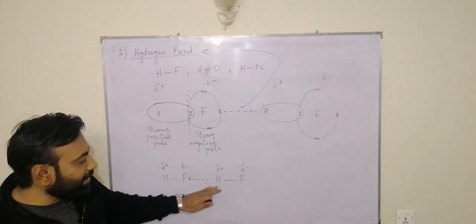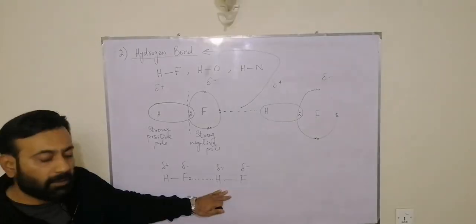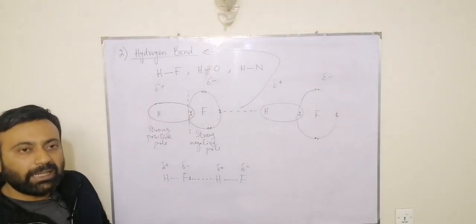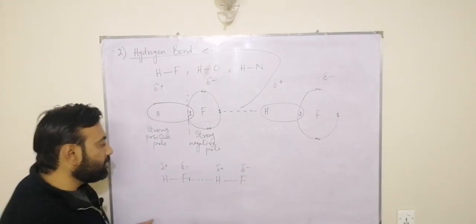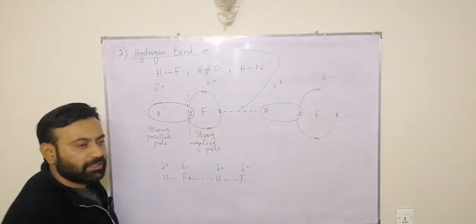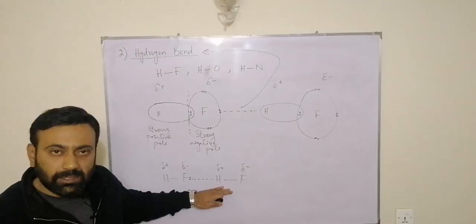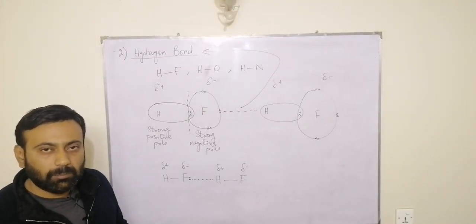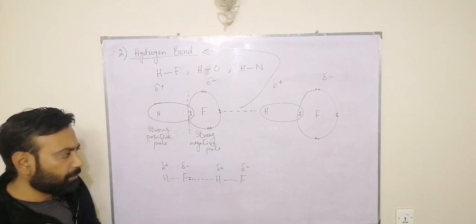That lone pair is attracting this positive pole of the hydrogen fluoride molecule, whose positive pole is hydrogen. So there is no electron here. This lone pair is facing the nucleus of hydrogen directly. So the force of attraction is pretty strong as compared to permanent dipole force.